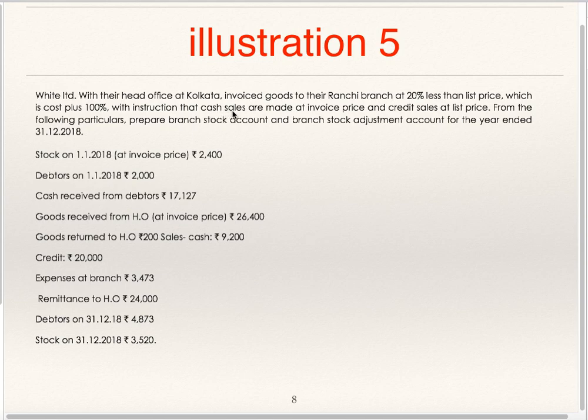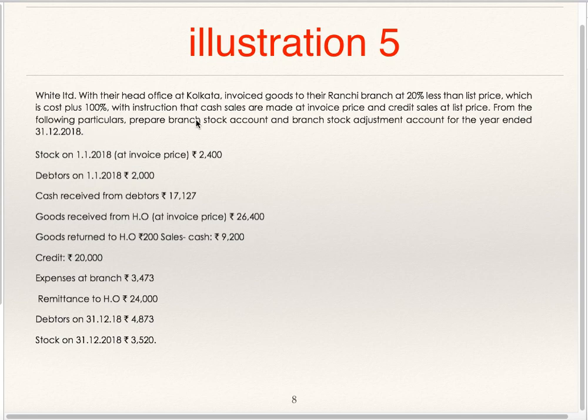With instructions that cash sales are made at invoice price and credit sales at list price. List price is 200, invoice price is 160, as we have just seen.